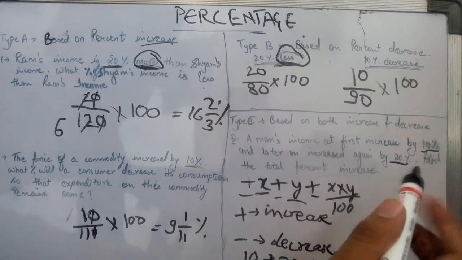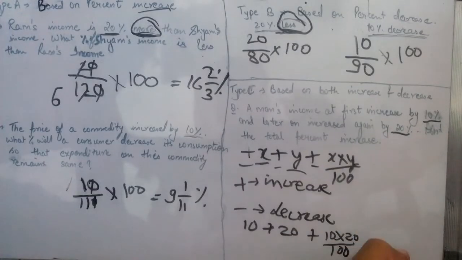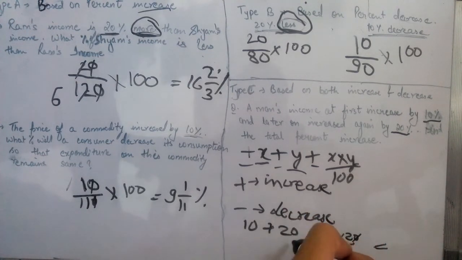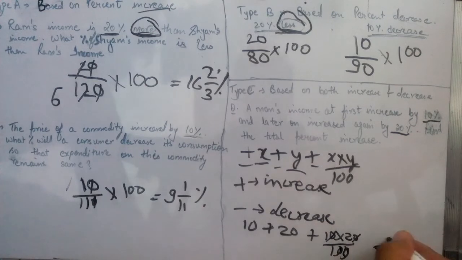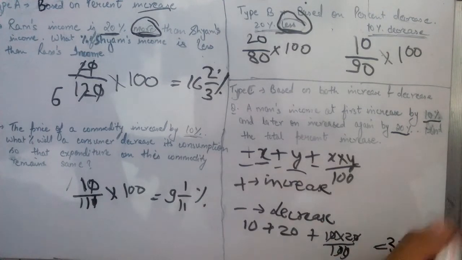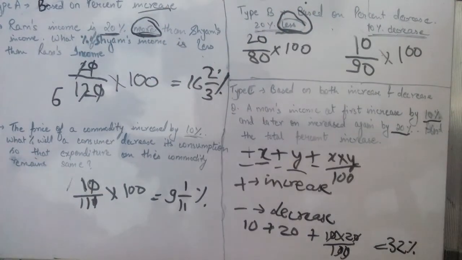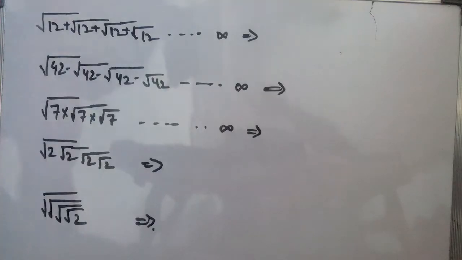In this we have to calculate the total percent increase. So it would be like this: 10 plus 20 is 30, plus 2, which is equal to 32%. So guys, these were the three types on percentage.